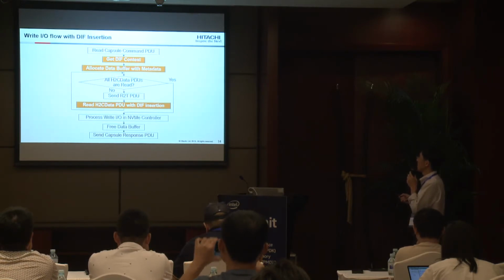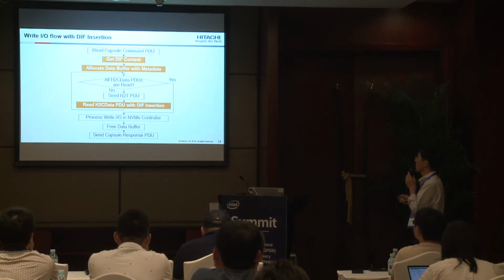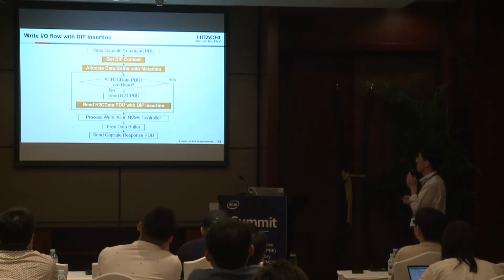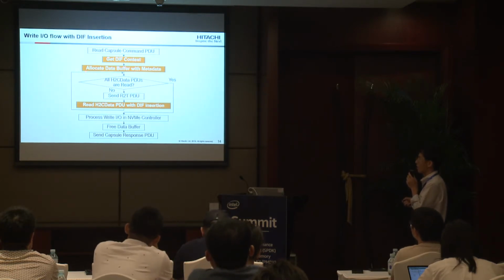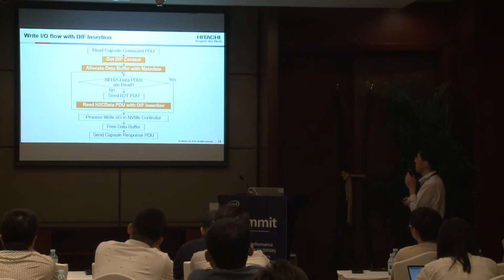When the target reads the command PDU, and the command is write IO, the target gets DIF information from the backend and allocates metadata to leave DIF space.